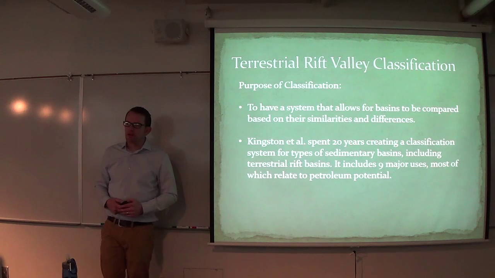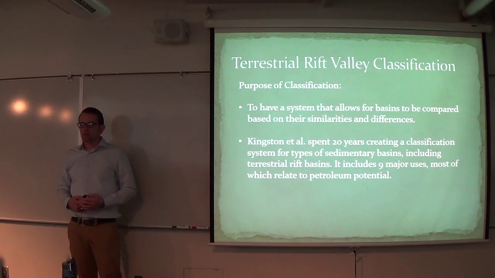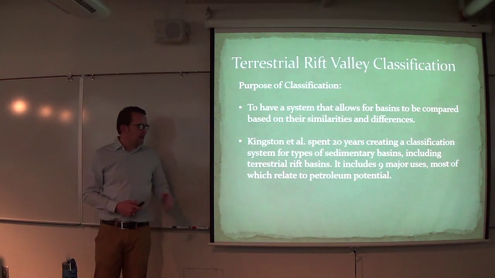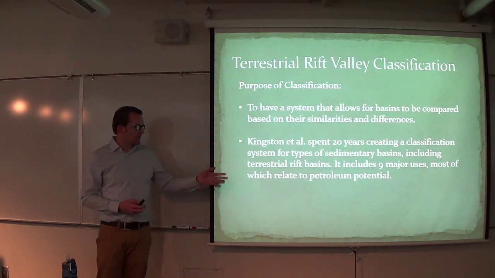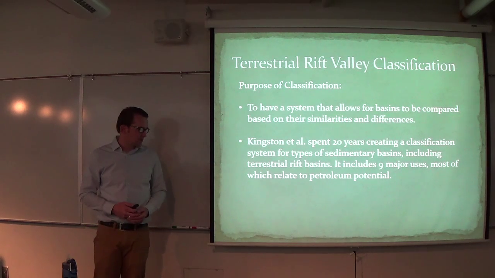Kingston et al. was one source I came across, and they spent about 20 years coming up with their classification scheme. In that scheme, they had 9 major points of classification, most of them relating to petroleum potential within these types of basins.